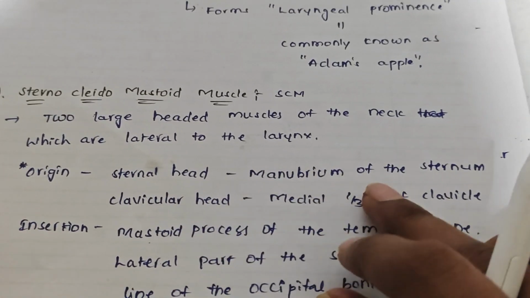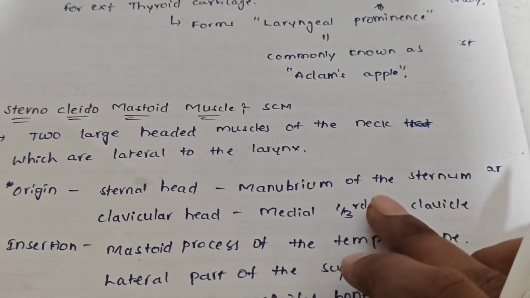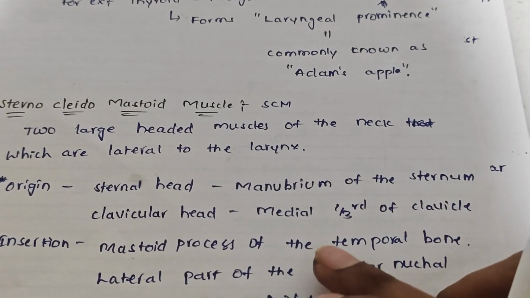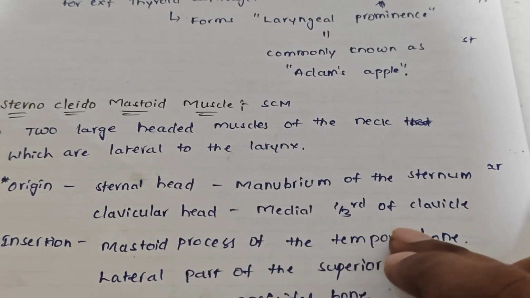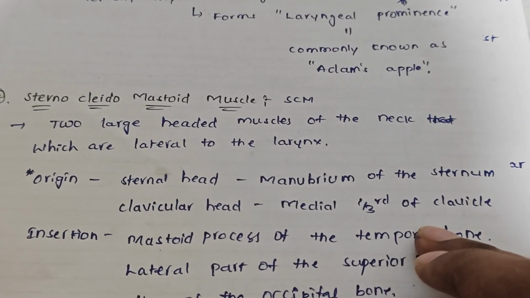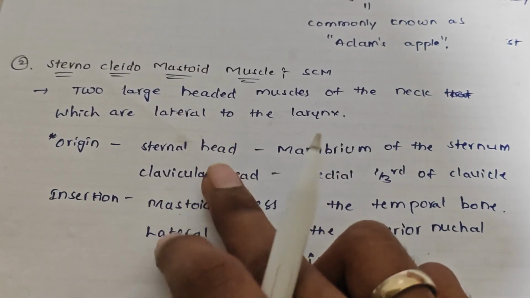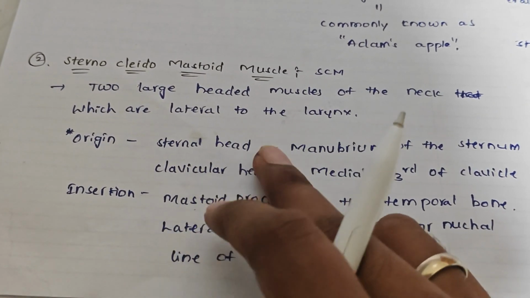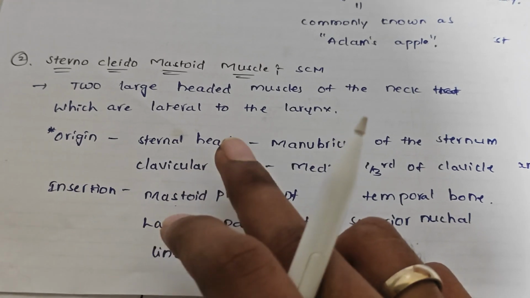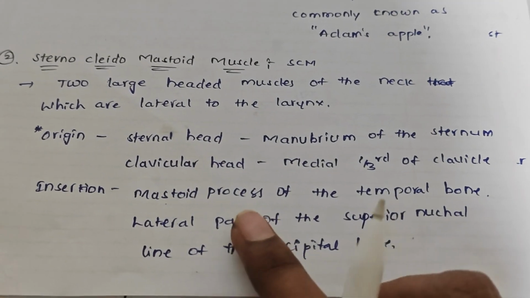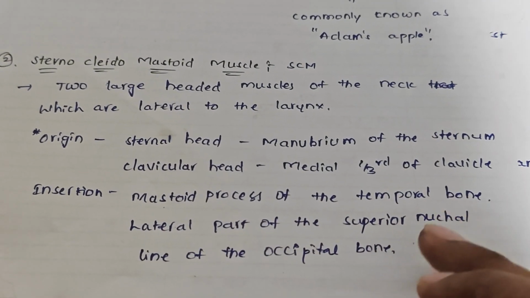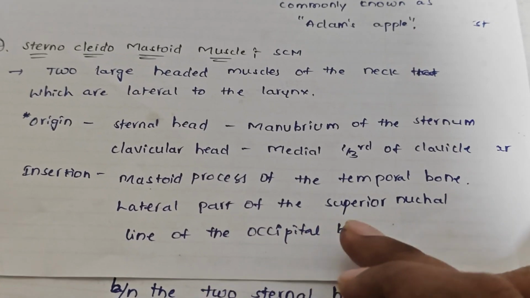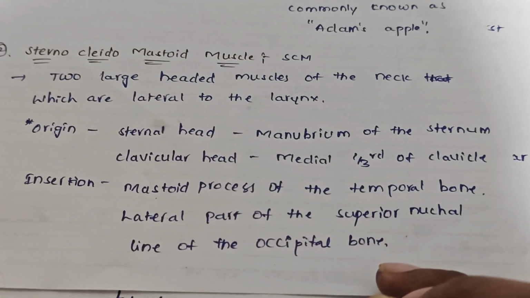The sternal head is from the manubrium of the sternum, and the clavicular head is from the medial third of the clavicle. They are inserted onto the mastoid process of the temporal bone, which is the lateral part of the superior nuchal line of the occipital bone.